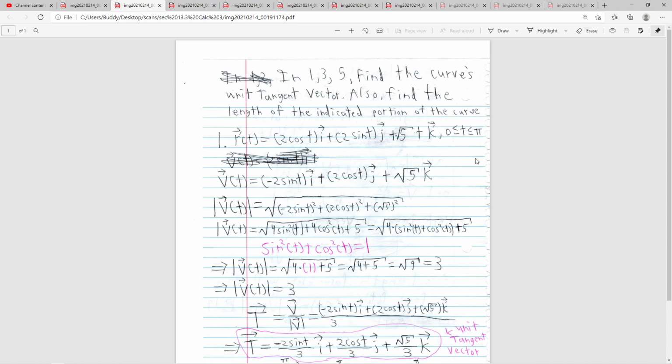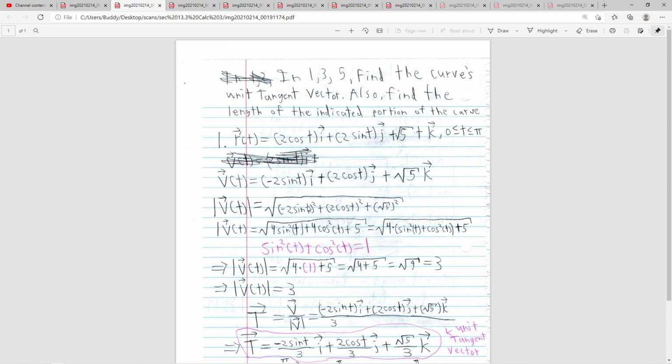The first thing is not integration, it's derivatives, used to find the unit tangent vector. So the derivative of r(t) gives us v(t), each component with its own derivative. Square root of 5 t becomes square root of 5, a constant times a variable to the first power. 2 cosine t becomes negative 2 sine t, and 2 sine t becomes 2 cosine t.